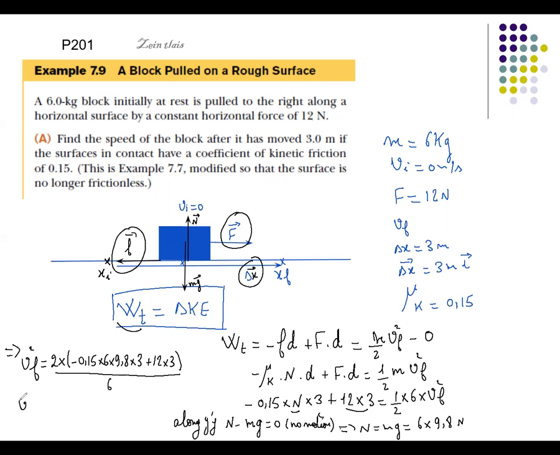We get v final equals, you do the calculation, 1.8 meters per second. This is part A.